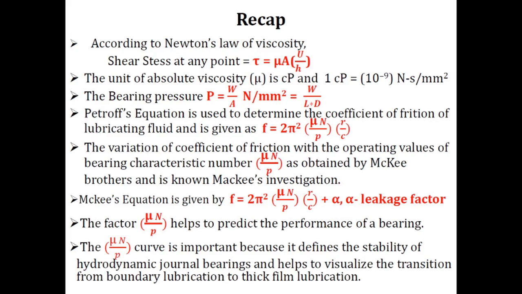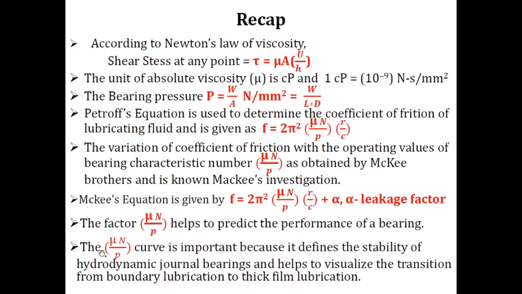We also saw that bearings should not be operated near the value of the bearing modulus, and when we are designing bearings subjected to impact or fatigue loading, the value of mu n upon P should be 15 times the bearing modulus.